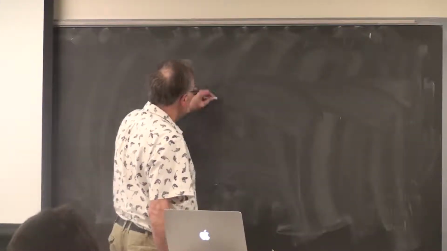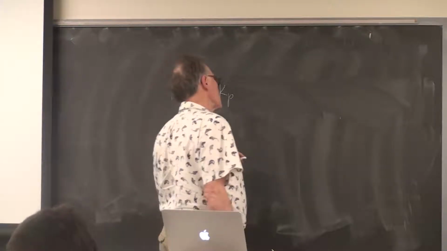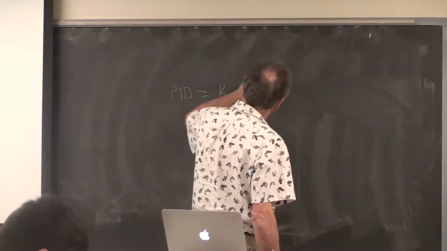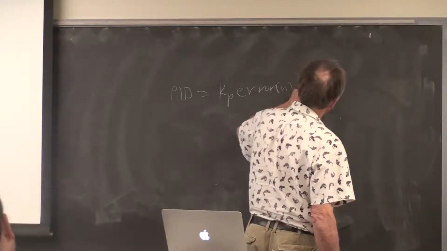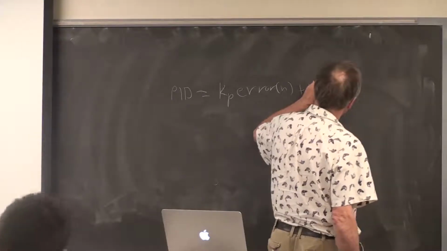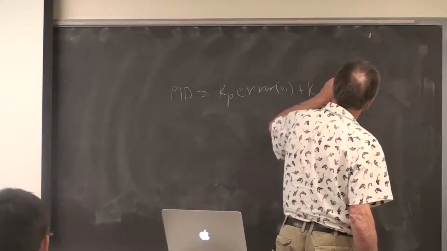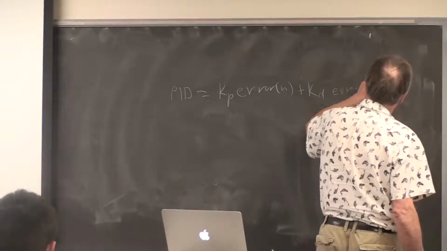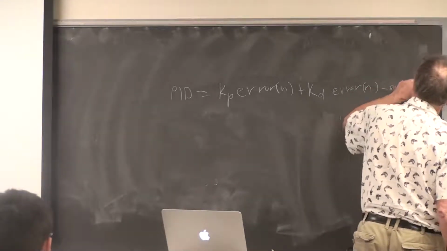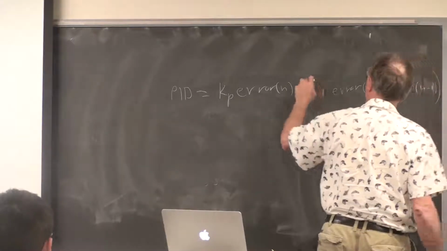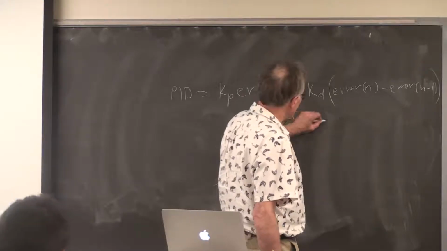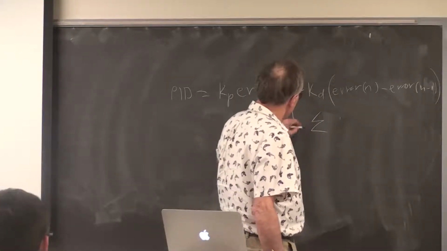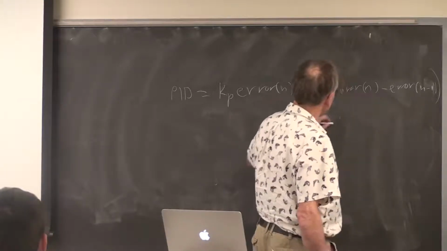This PID algorithm is going to be some k proportional times the error in angle at time n, plus some k derivative times error n minus error n minus 1, plus an integral term which is going to be something like ki times the sum of the errors.